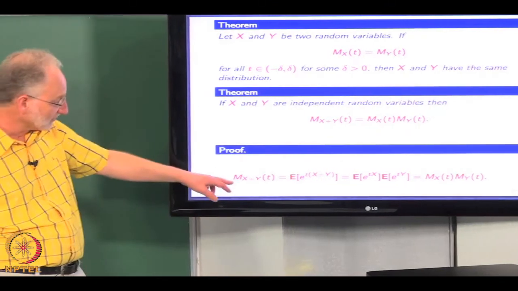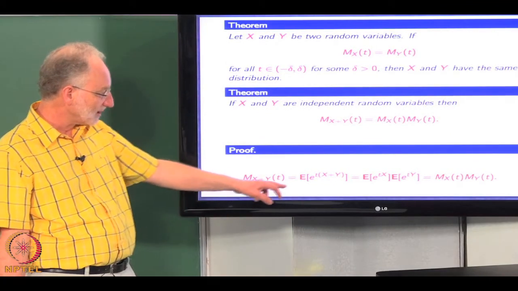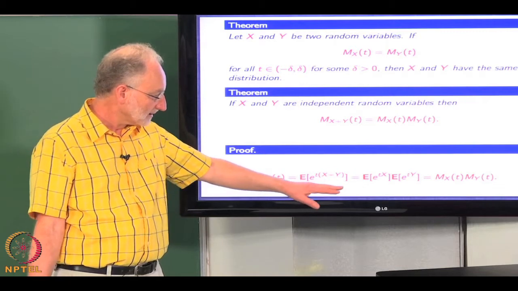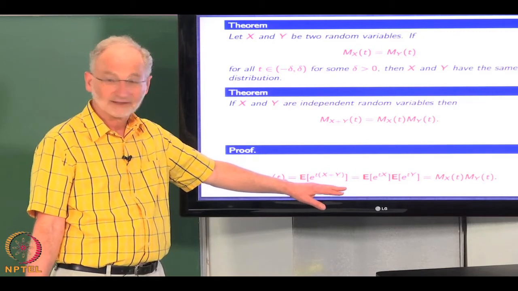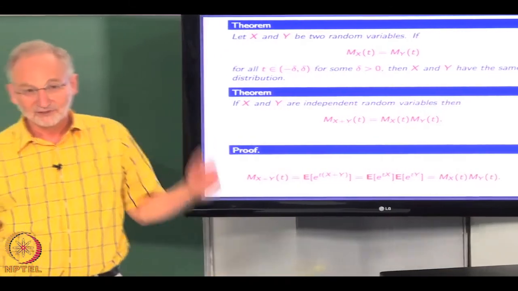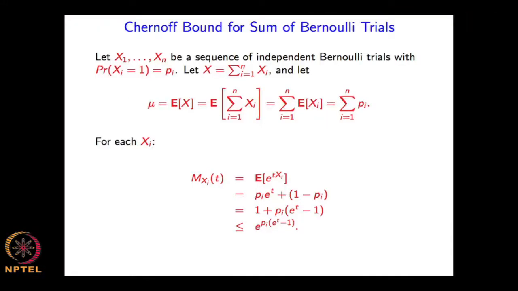That's actually very simple, because the moment generating function of X plus Y is E[e^(t(X+Y))], and if they are independent, you can take the product of the expectations. We're going to use it in a second. One thing to remember is that it's not magic that we go to e^(tX). We're using the moment generating function, and now we expect to get a better, stronger bound.